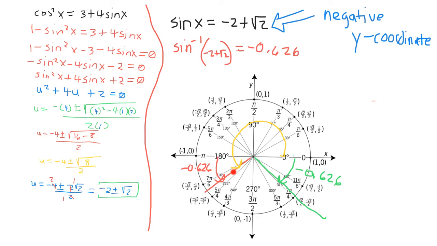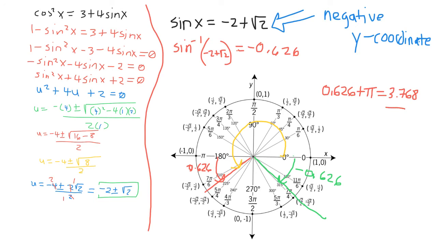I'm going to just erase this little negative, because I think that might confuse the issue. So the other answer, I'll keep it in red, is going to be pi plus 0.626, and that equals 3.768. So that's the other answer.